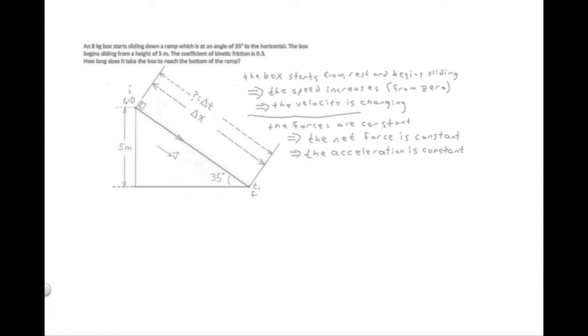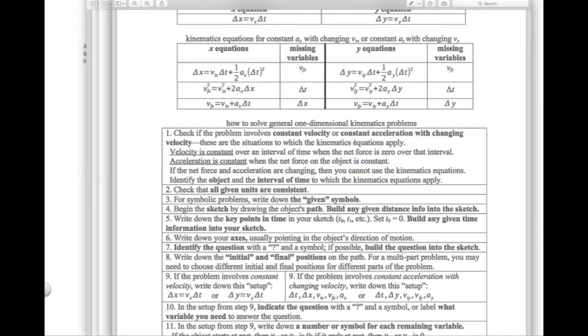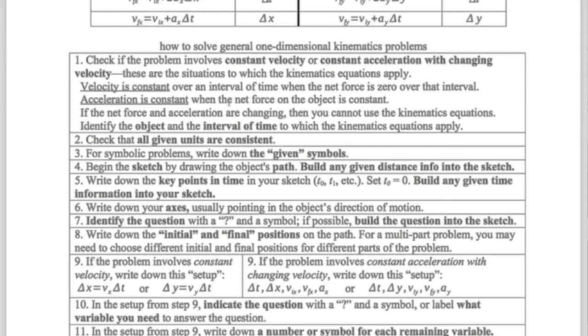Of course, we know the velocity is changing, so that confirms that we're using the correct kinematics approach. We've confirmed that it's correct to apply a kinematics approach that involves constant acceleration because we know that the forces are constant. When the net force on an object is constant, that's when you can conclude that the acceleration is constant.